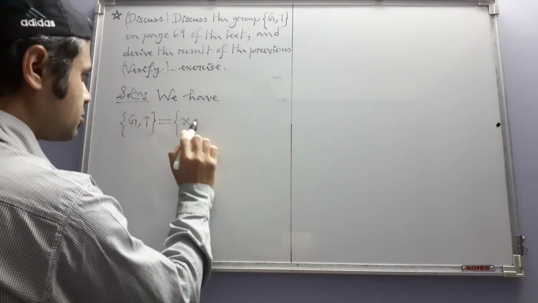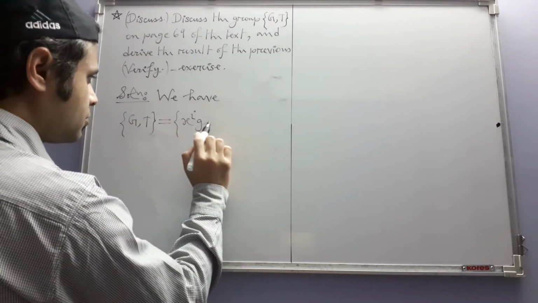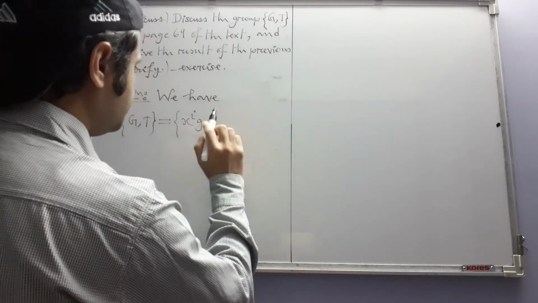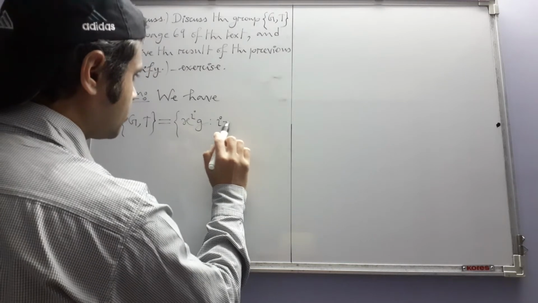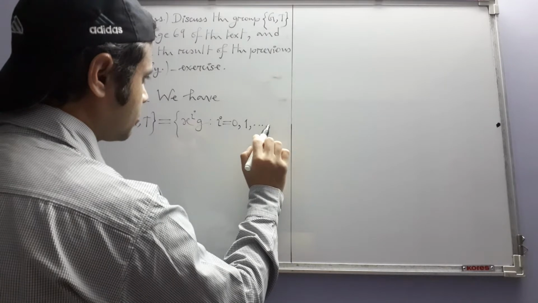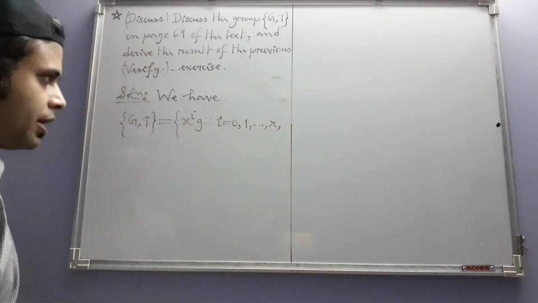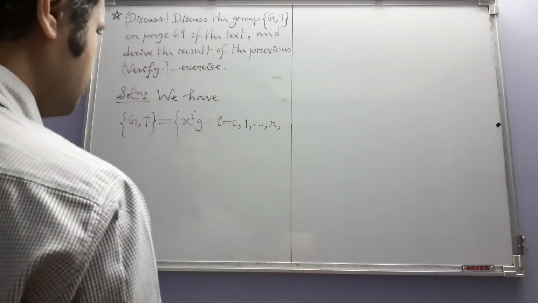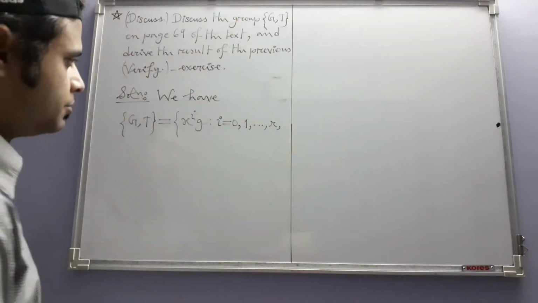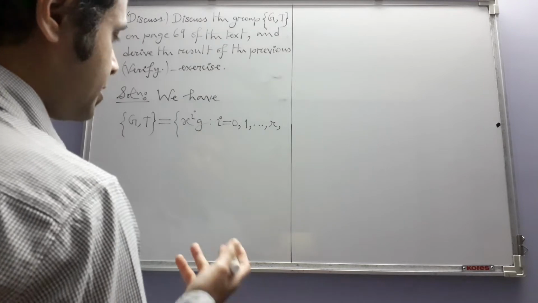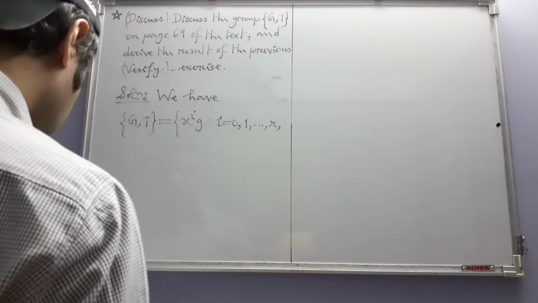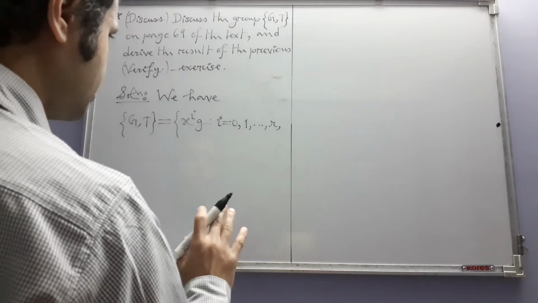It consists of formal symbols like this, where I varies from 0 to R, where R is the order of T as an element in the automorphism group of G. We are not mentioning that separately.